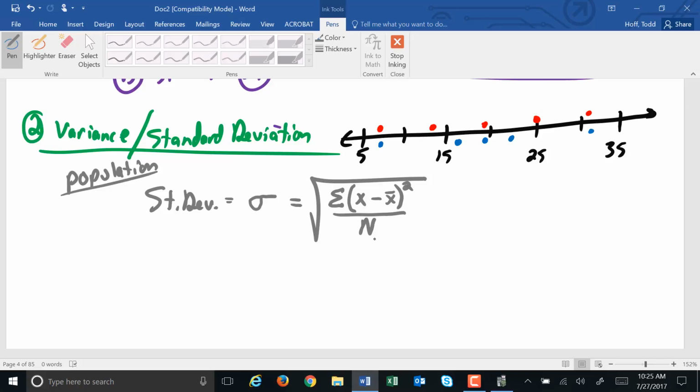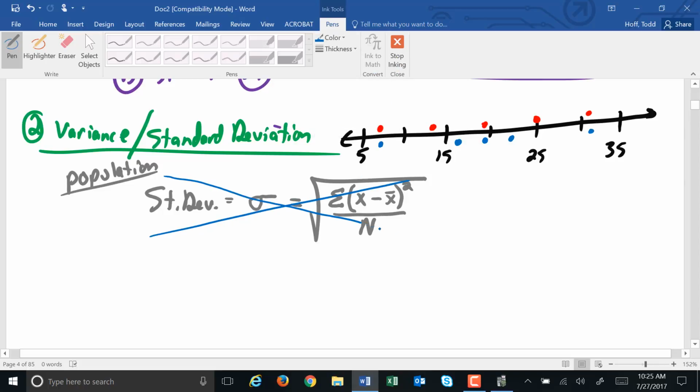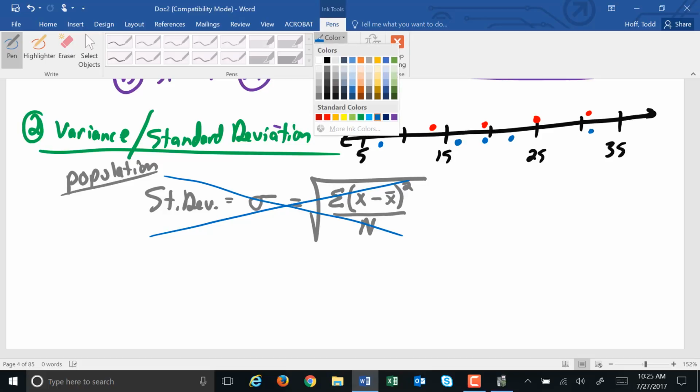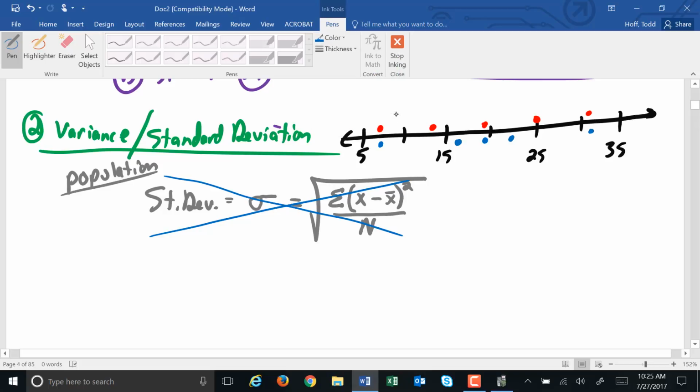But now we said before that we very, very rarely have a complete population. Generally what we're doing is we're using a sample to estimate the population. So if we have a sample, the standard deviation is abbreviated with just the letter s, the small letter s.